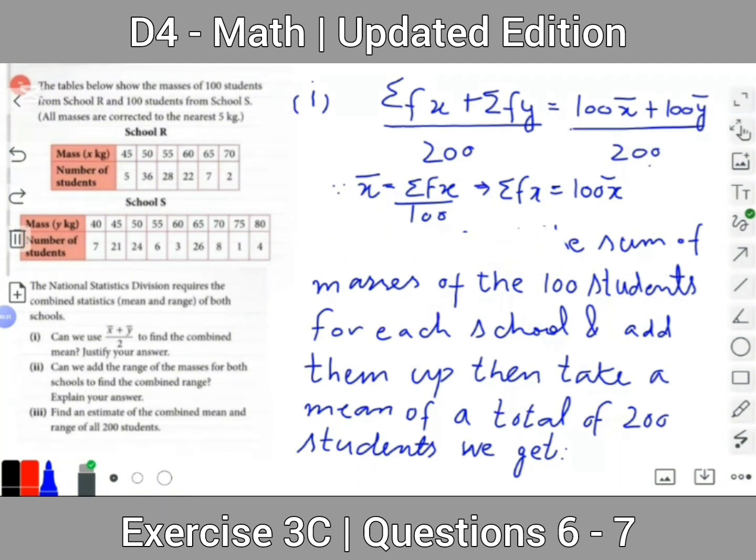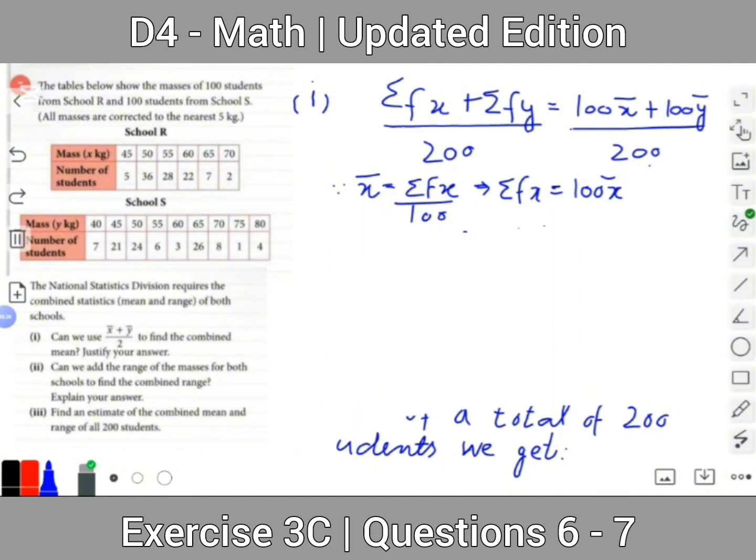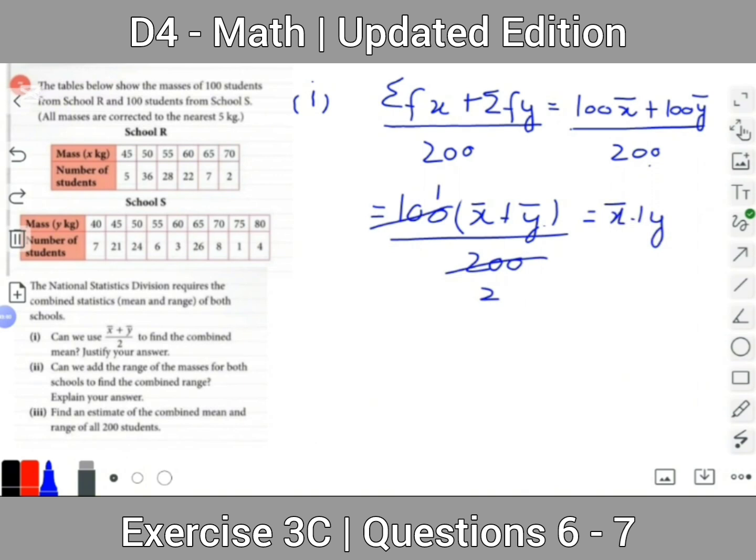Now we factor out 100, and here we have x bar plus y bar bracket closed divided by 200, and after simplifications we will get 2, so it will be equals to x bar plus y bar divided by 2.